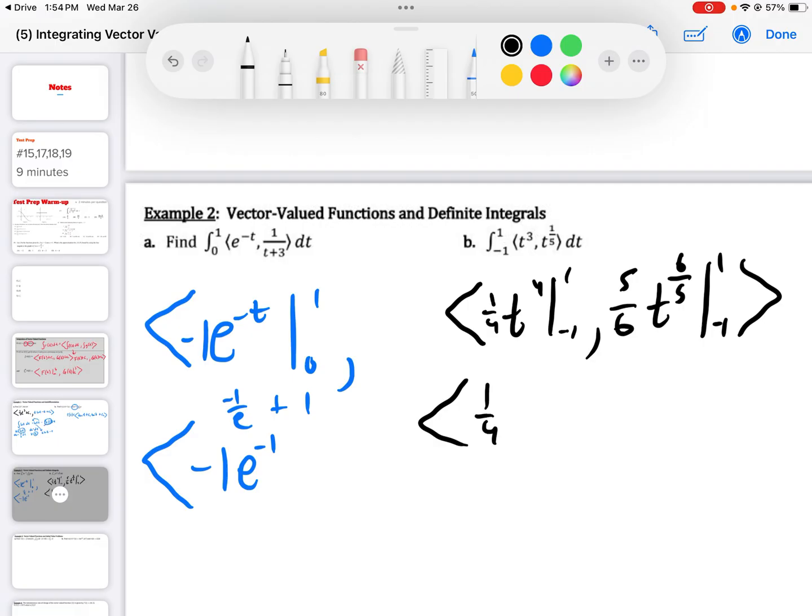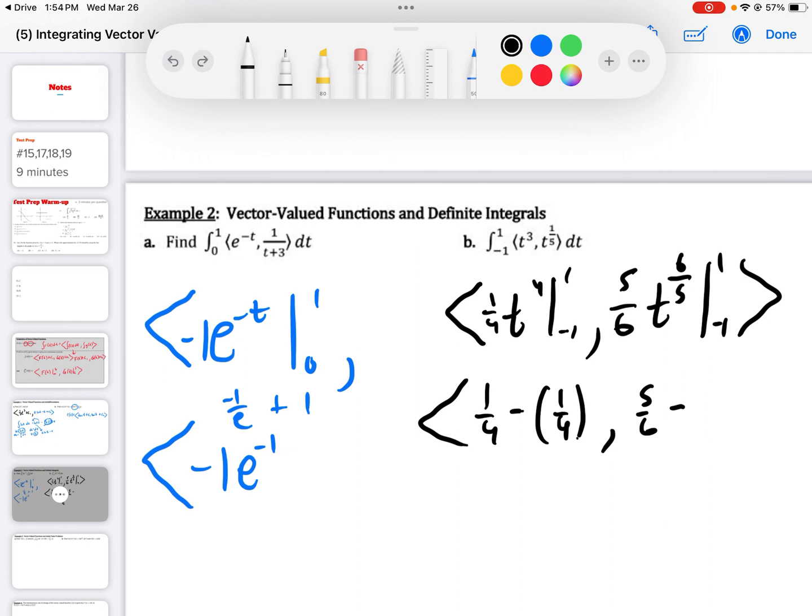Okay, that'd be 1/4 times 1, which is 1/4, minus whatever you want to put, 1/4, and then over here 5/6 minus whatever I get when I plug in 5/6 there.